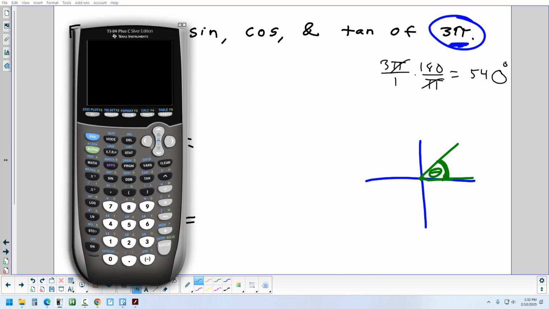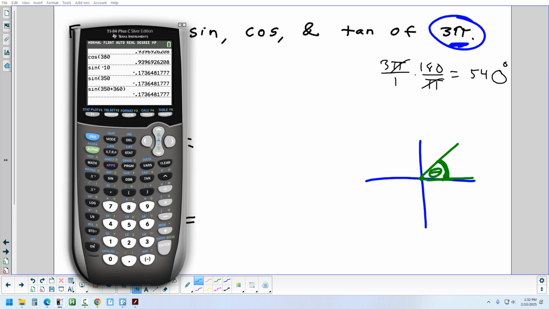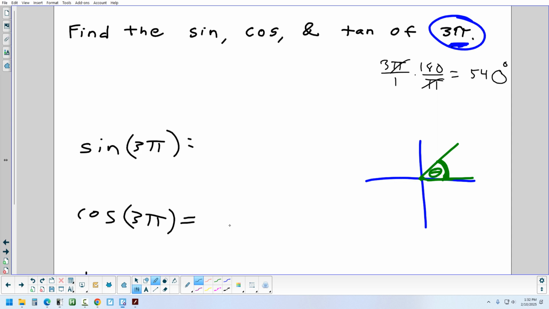So take 540 minus 360, that's 180, and we're working with an angle that is 180. Hopefully that will help. Because we know it's 180, what's our coordinate? Negative 1, 0. Yep. So now we know the coordinate, negative 1, 0.